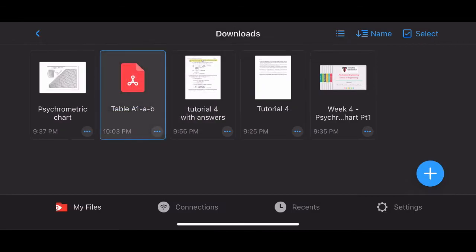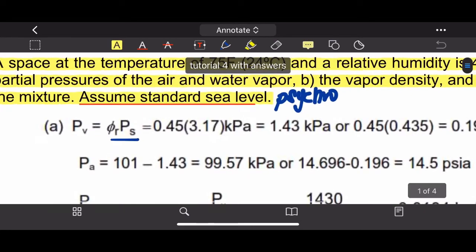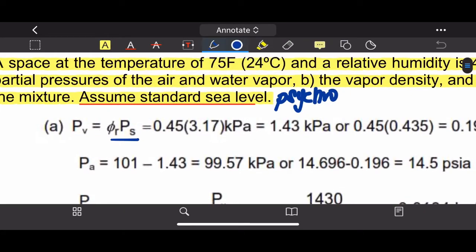That is what you get here. So you multiply by that, and this is your PV, the vapor pressure.